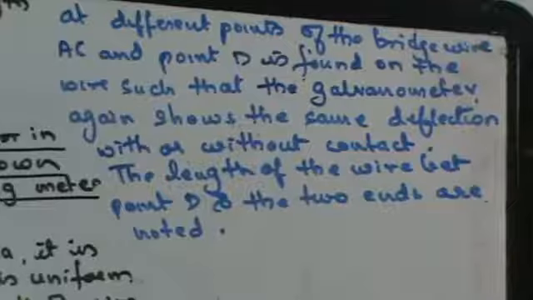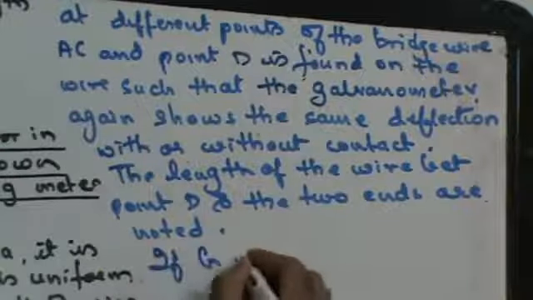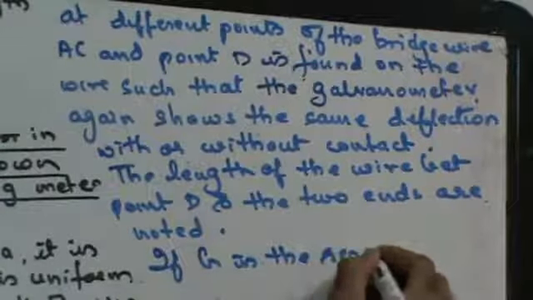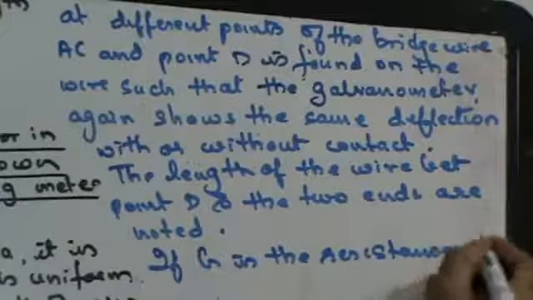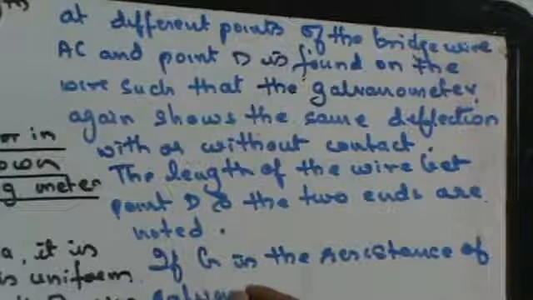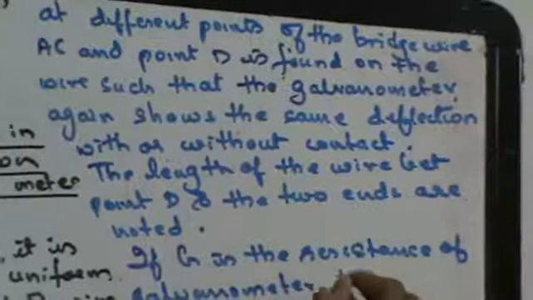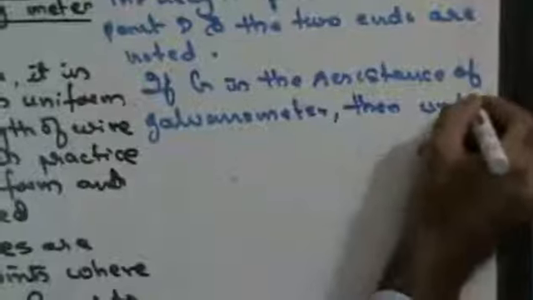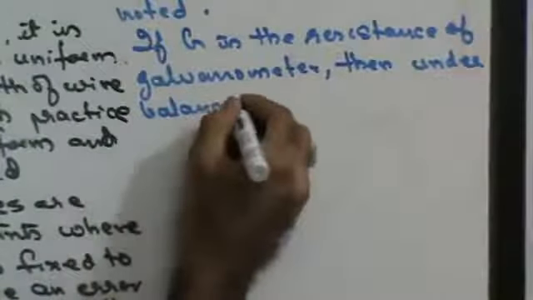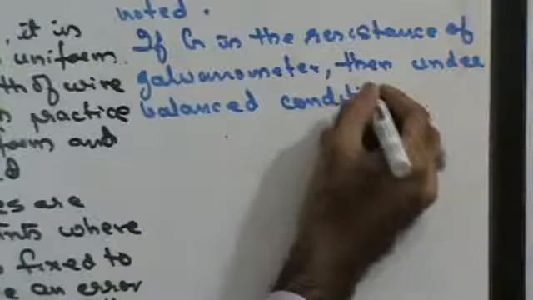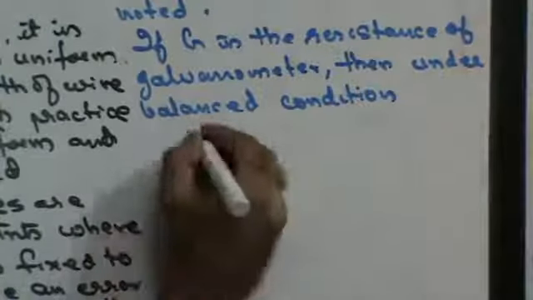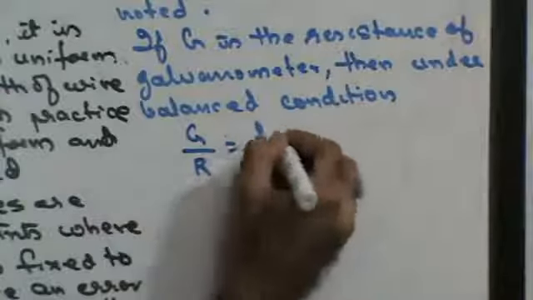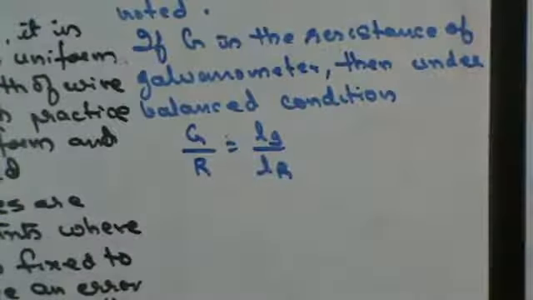Now, I have already found out the length. So by using my Wheatstone, if G is the resistance of the galvanometer, then under balanced condition, I can say G upon R is going to be Lg upon Lr, right?